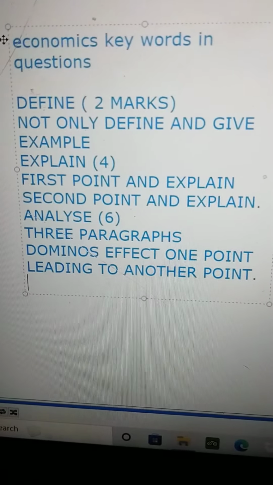Even then, the principal examiner said that if it is not a fact, but the student is trying to explain whatever he is explaining through an example, that will be acceptable. Give as many examples as possible.